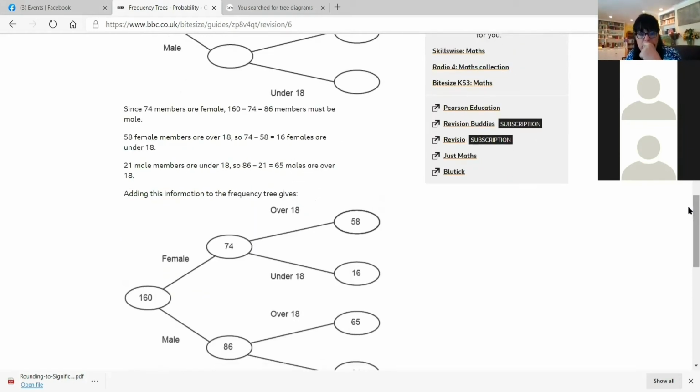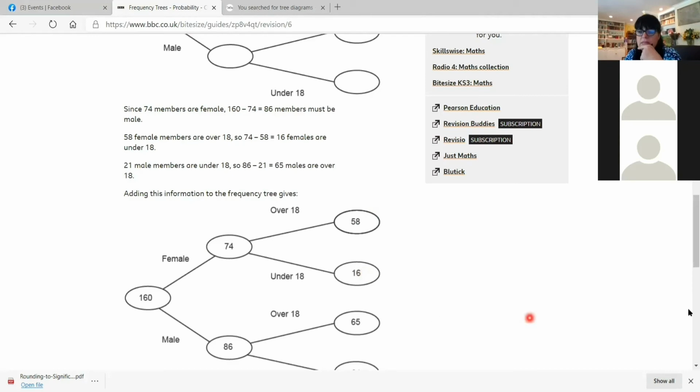Then 58 female members are over 18, so 74 minus 58 gives you 16 females are under 18. 58 are over 18, 16 are under 18.